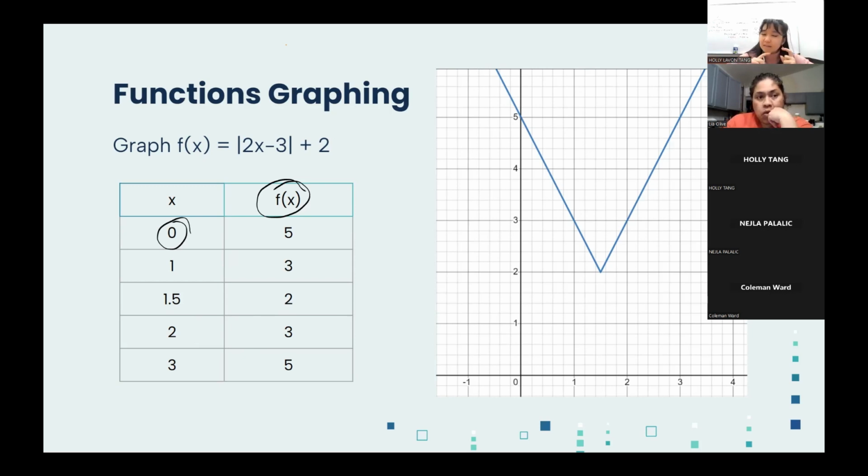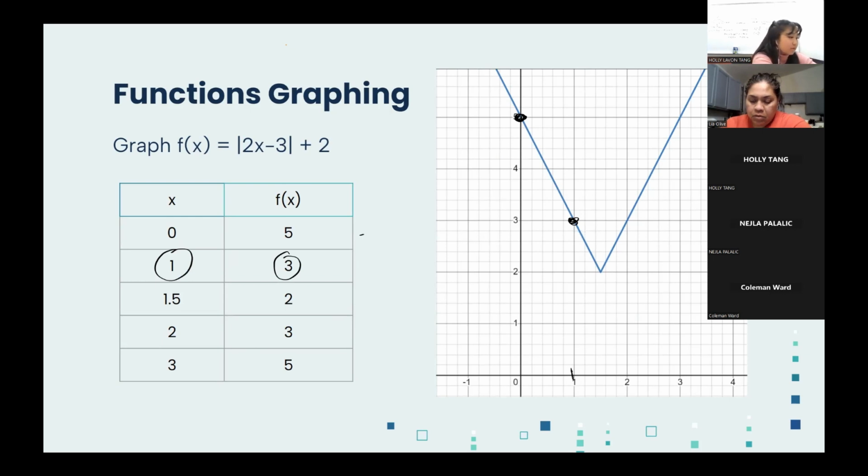So we can technically plot it as a y value. So we technically have an x and a y here. So at 0, we have a value of 5, which you can see here. So x equals 0, y is equal to 5. And then our second point, we have at x equals 1, right? And then we have a y of 3, so it goes all the way up to 3.